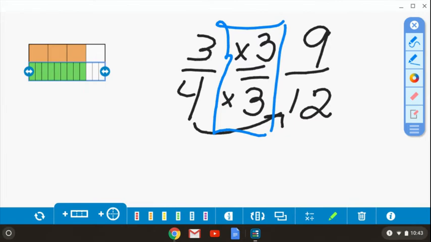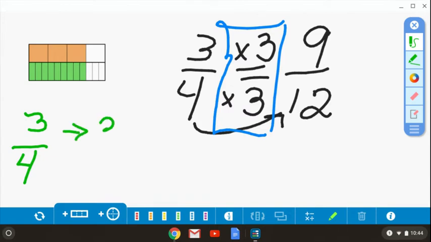But I also want to show you another handy little trick that I like to use. Let me see if I can find a different color here. I'm going to switch to green. So if I'm talking about 3/4, one way to find equivalent fractions is just to write your multiples.